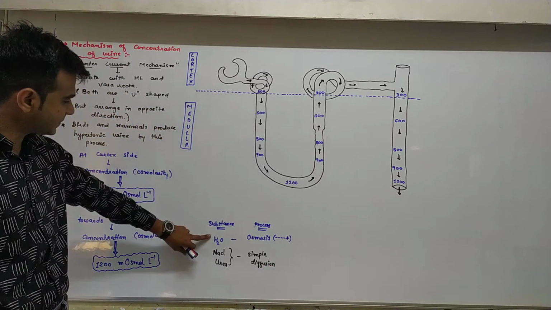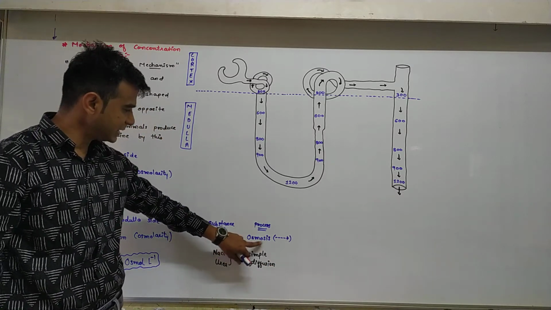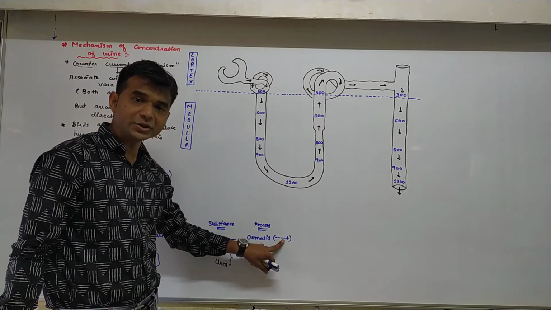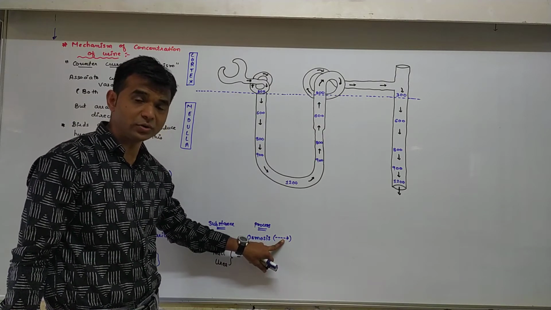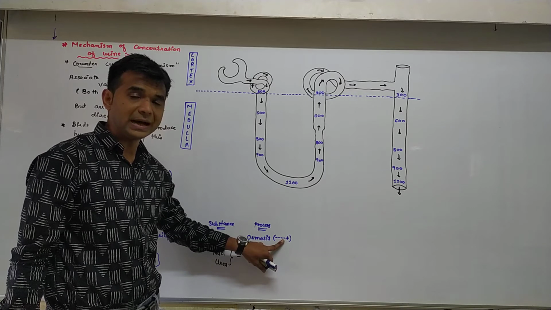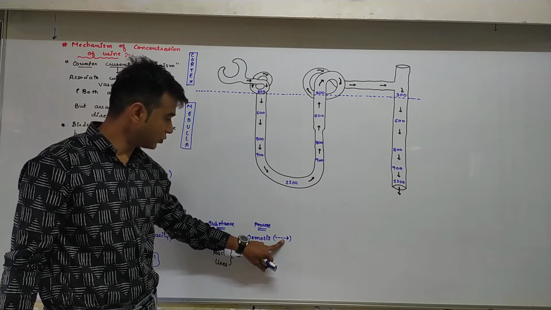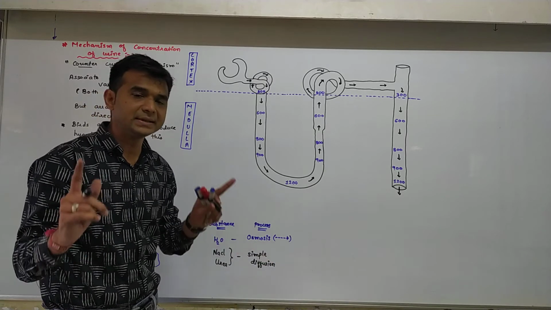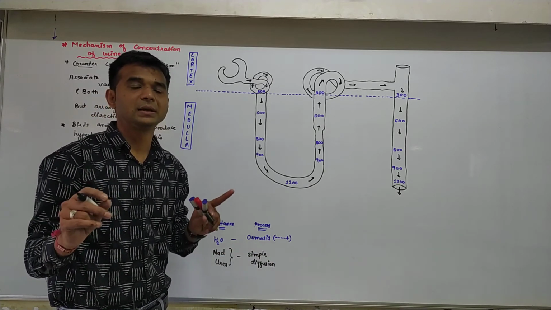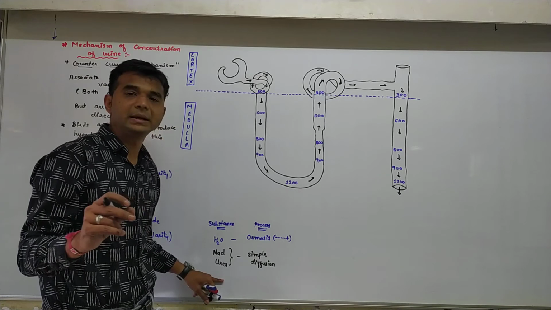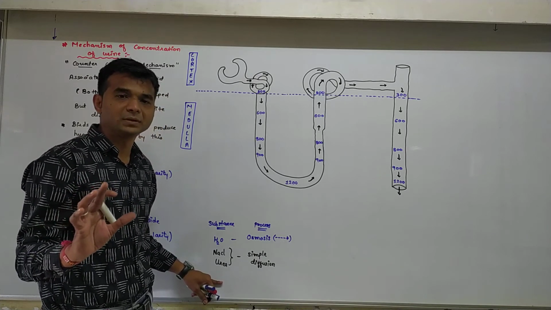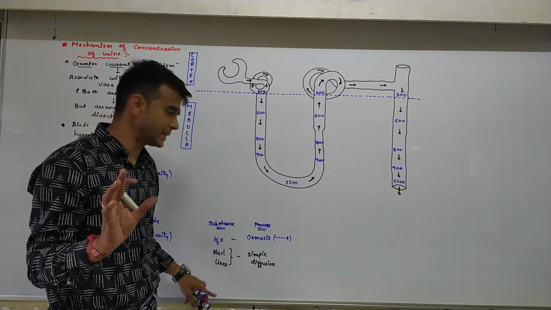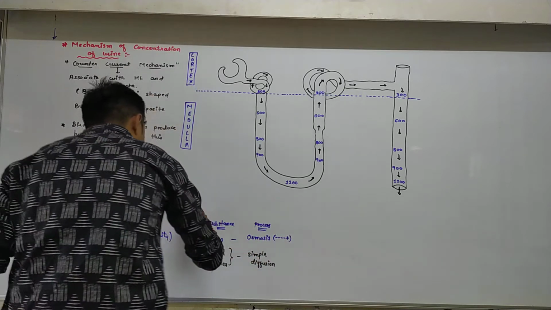Water is transported through osmosis. I can show the water molecule going out or in according to this dotted line, but this is applicable for the nephron only, not applicable for the vasa recta.